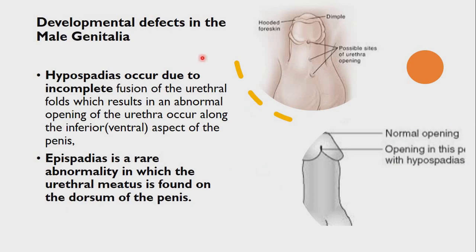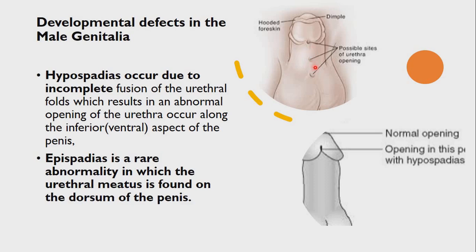Now, developmental defects in the male genitalia. There are two developmental defects that occur in the male genitalia, called hypospadias and epispadias. Hypospadias occurs due to incomplete fusion of the urethral folds, and this will result in an abnormal opening of the urethra along the inferior or ventral aspect of the penis.